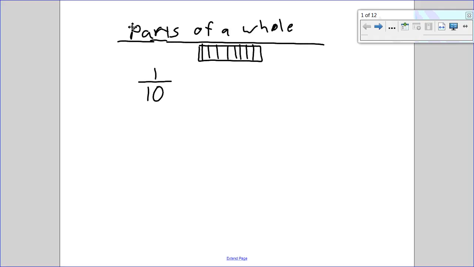We'll pretend those are equal parts. So 1, 2, 3, 4, 5, 6, 7, 8, 9, 10. Yeah, 10. And it's just one of those, one of the 10 parts. That's how you represent that. There's a thing that can be divided into 10 equal parts, and we have one of those parts.